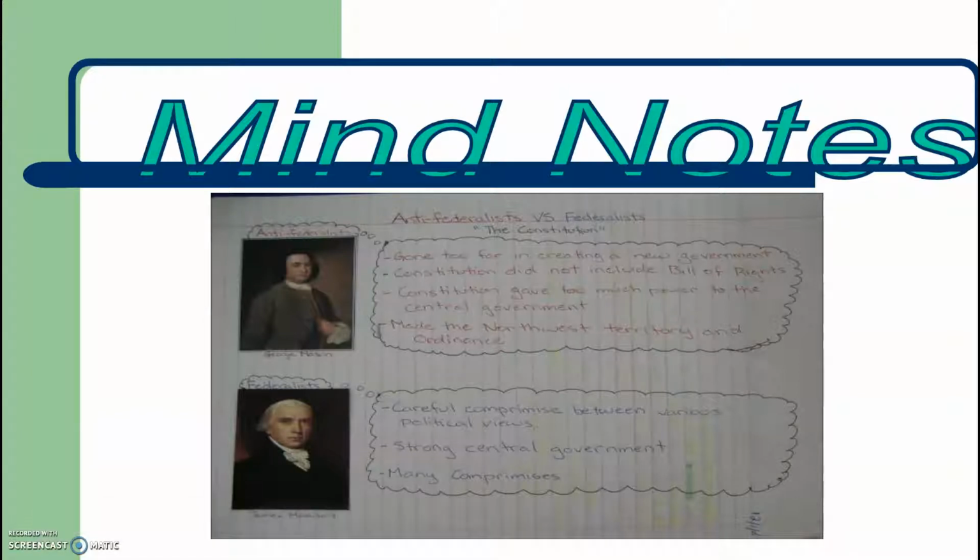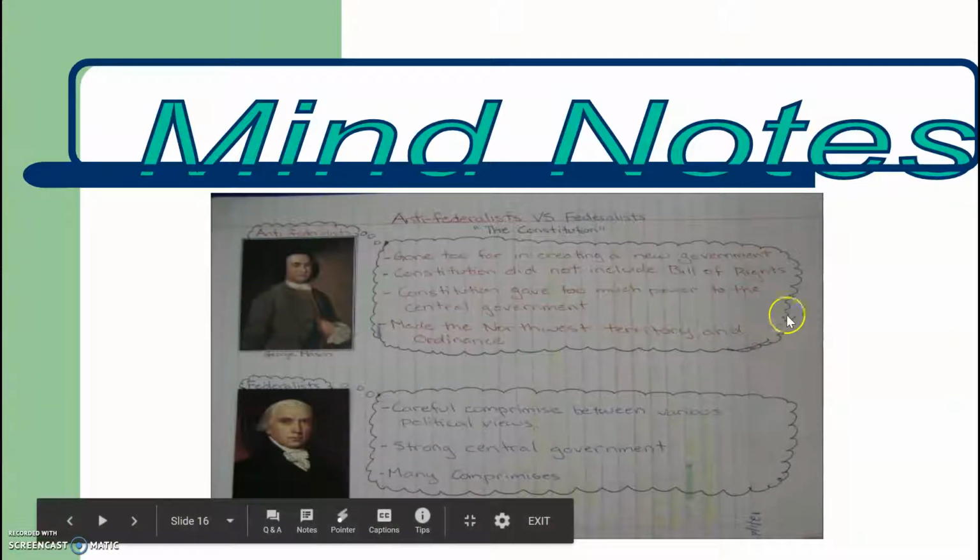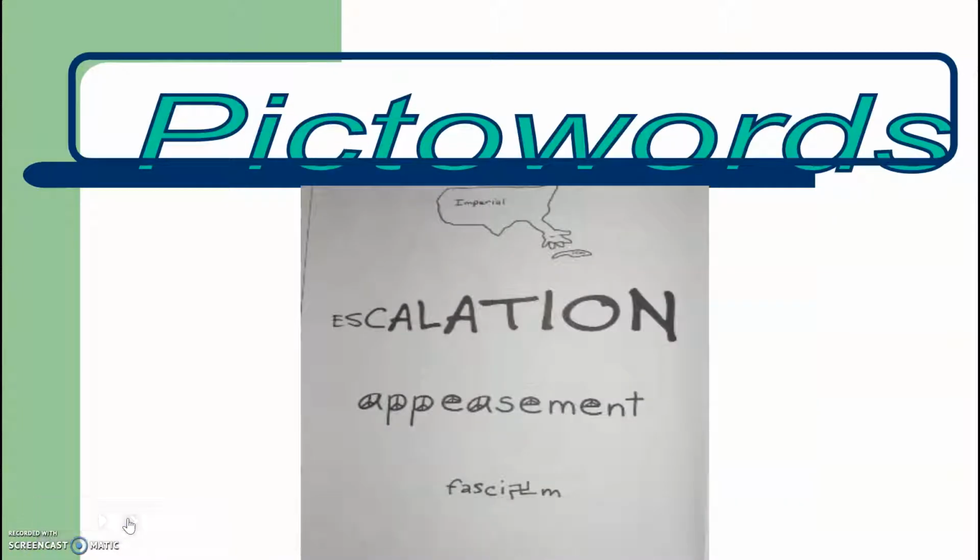This student actually printed out the picture, and instead of doing a Venn diagram, had some thinking ideas of Anti-Federalist philosophy in the Constitution and Federalist philosophy there. Neat example of some picto words, right? So taking key terms and turning them into pictures.